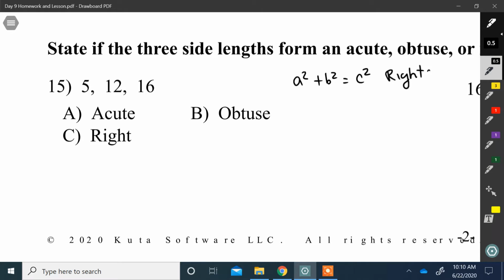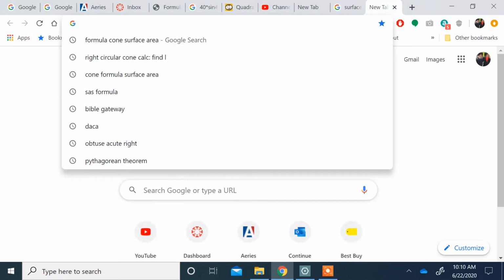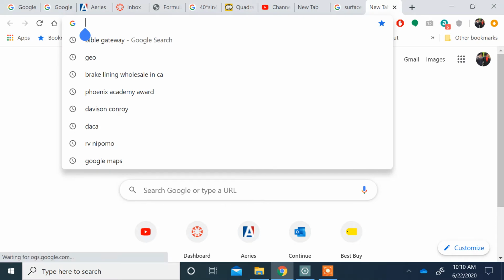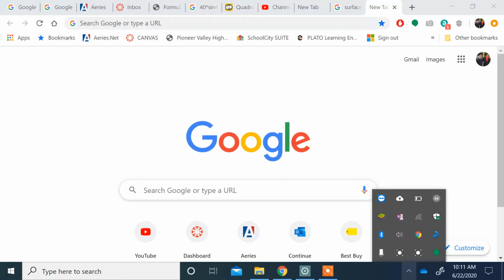If you go on pictures, it will tell you. So let me actually show you how I'm looking this up. I just realized my charger wasn't working.